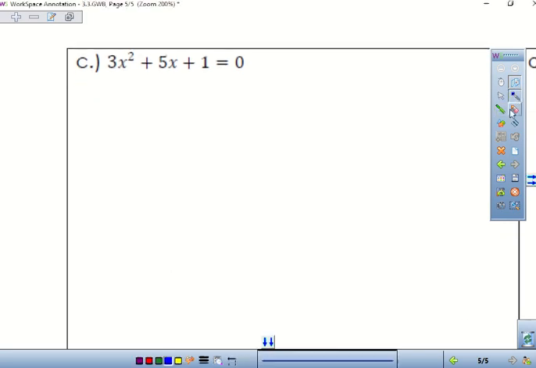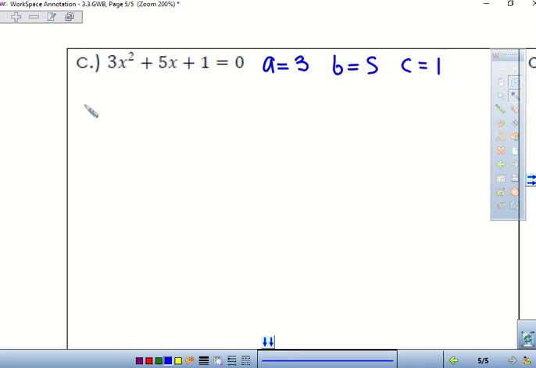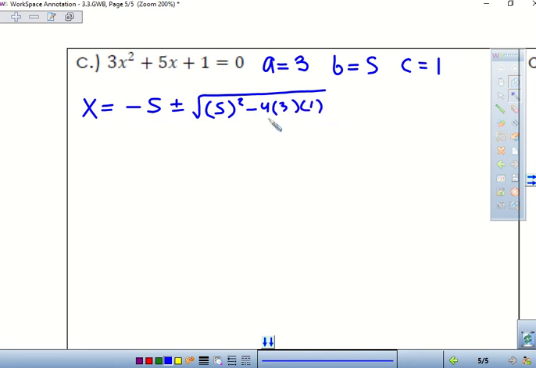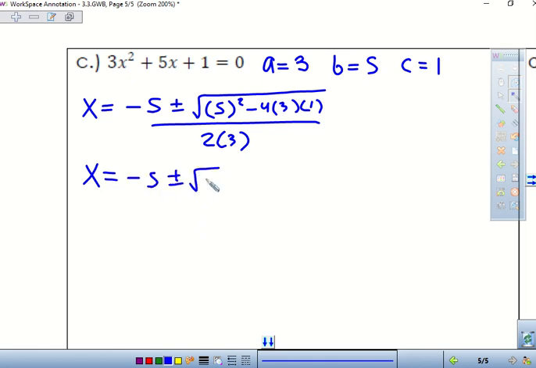Okay. Next one. Step 1, identify A, B, and C. Step 2, plug into the formula: negative b plus or minus the square root of b squared minus 4ac, all over 2a. That gives me x equals negative 5 plus or minus the square root of 13 over 6, right?